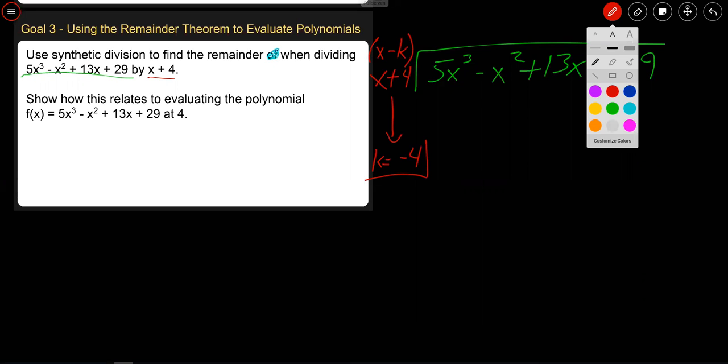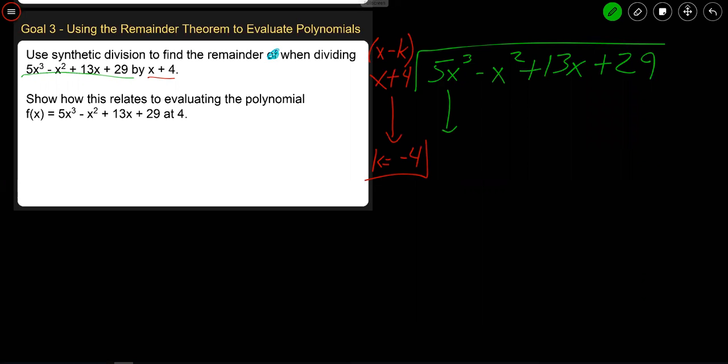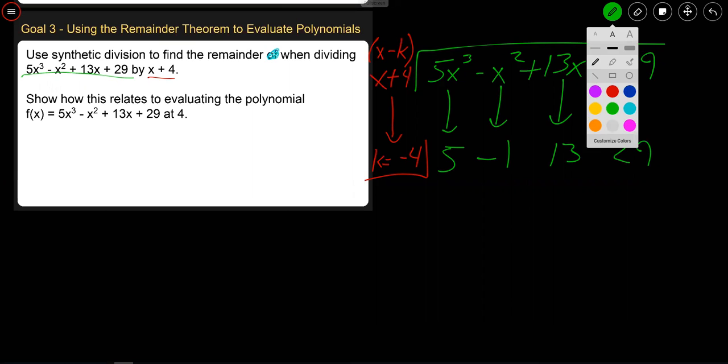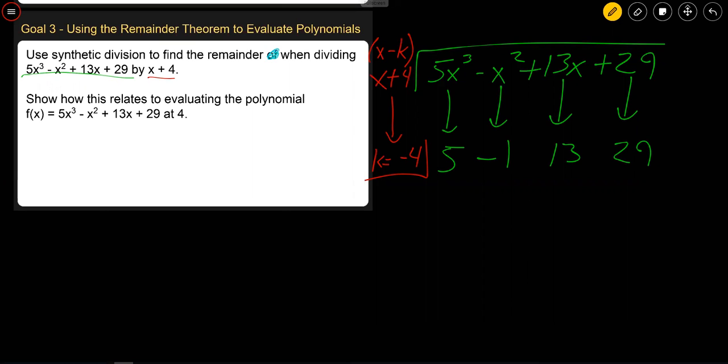So k equals -4. I'm going to bring down my coefficients: 5x to the third, -1x squared, 13x, and 29. So I bring those down, and then I set up my synthetic division sequence. Remember, I'm going to be adding values and multiplying values.